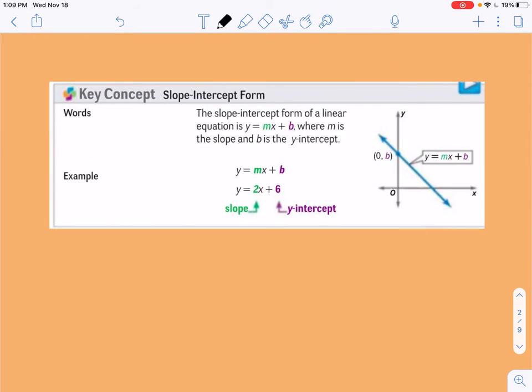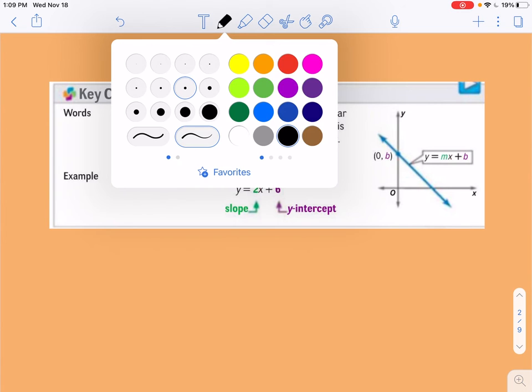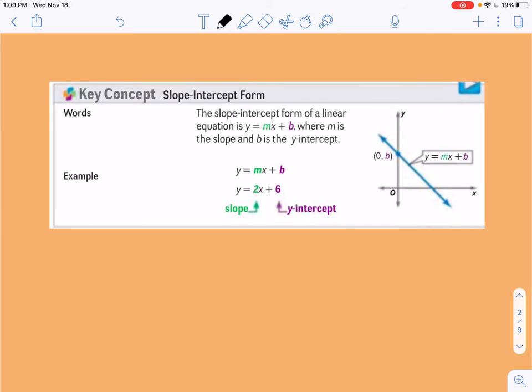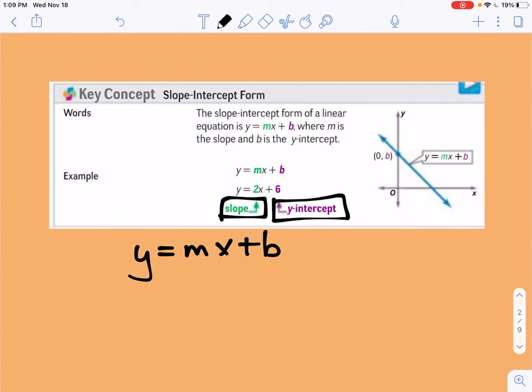So slope-intercept form, and you're going to hear me say this a lot now, follows the form y equals mx plus b. You'll see in this color-coded thing that m is slope for us, and b is your y-intercept.